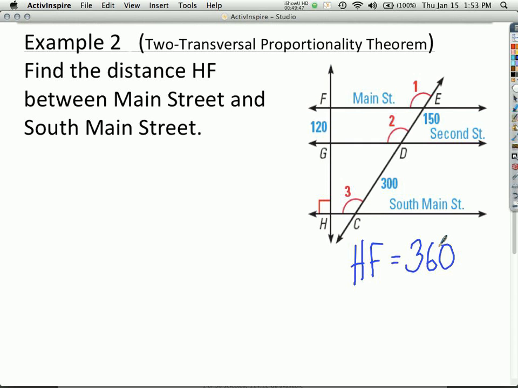Any other proposals? Sharik? 360. Did your team come up with that as well? You all agree? Okay. Alexandra, what about your team? You thought it was 360, and then your team also thought it was 360. Okay. So we think that it's 360.